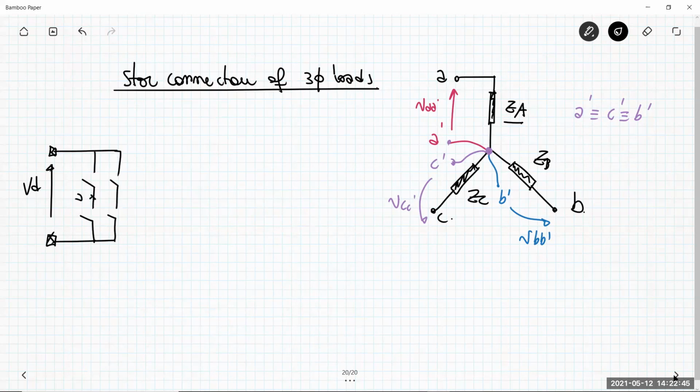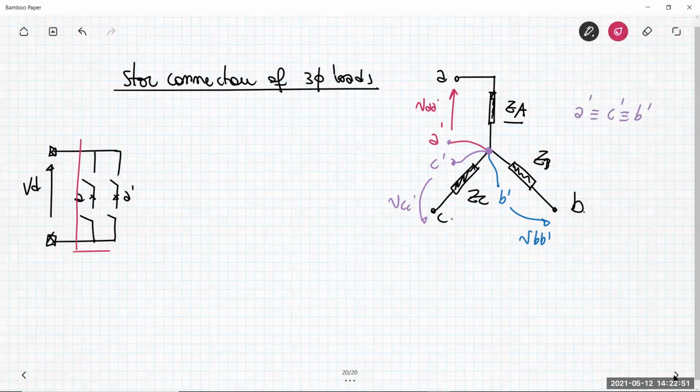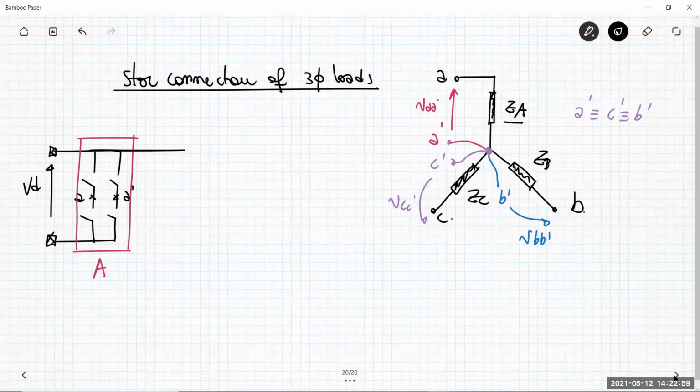This is the node A, and this is A prime. Remember that this is red, okay? And this is the inverter A. The same voltage VD also supplies the inverter B. So we can put it in this way. And the nodes at the output of this inverter are called B and B prime. This is the blue one.